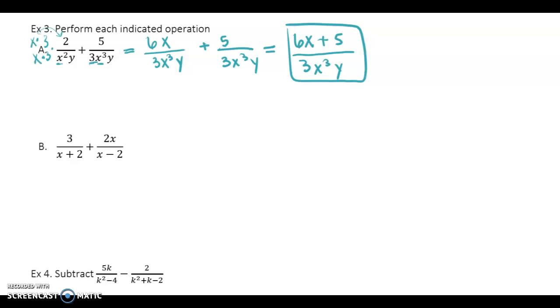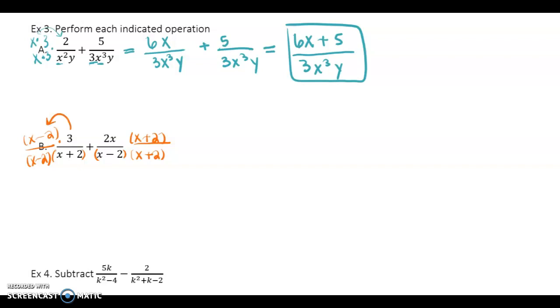Alright, so this bottom one, remember these are compartments here. So this is one compartment, this is another compartment. Whenever you see binomials, it's just easy to multiply them by each other. So x plus 2, x plus 2 on the top, x minus 2, x minus 2.